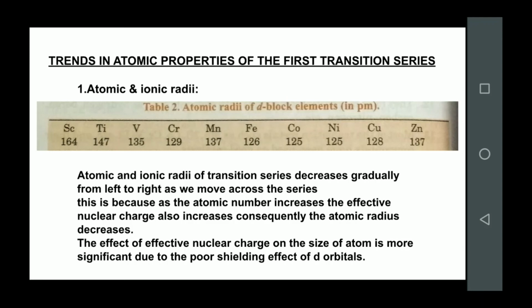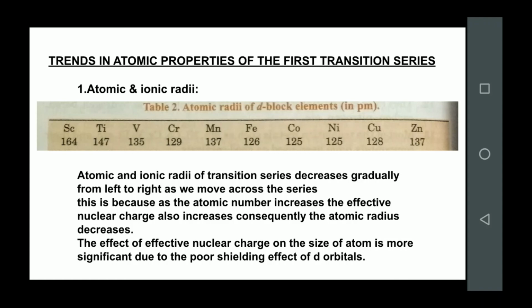So you can generally write that atomic and ionic radii decrease gradually from left to right. And if you want to explain the particular behavior, the rise and fall of the atomic sizes, you can give the reason which I have just mentioned.